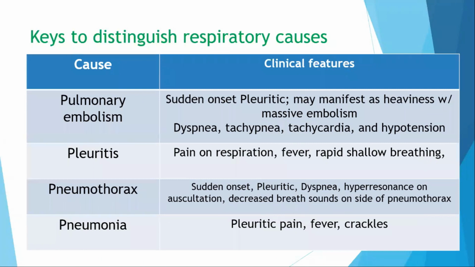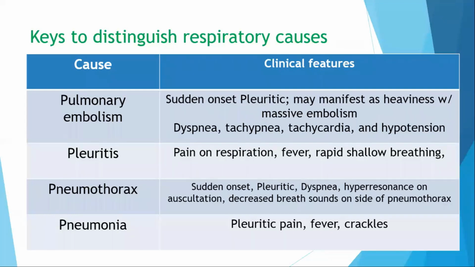These are the respiratory causes, including pulmonary embolism, where there is sudden onset of pleuritic chest pain and may manifest as heaviness with massive embolism. Pleuritis: pain on respiration, fever, rapid shallow breathing. In pneumothorax, sudden onset pleuritic dyspnea, hyperresonance on percussion, and decreased breath sounds on the side of the pneumothorax.